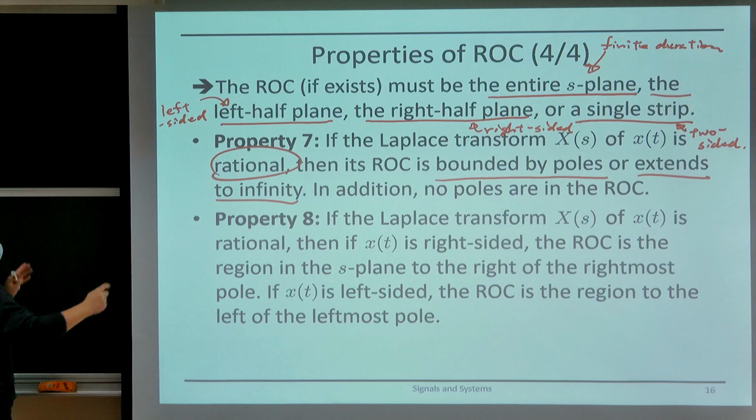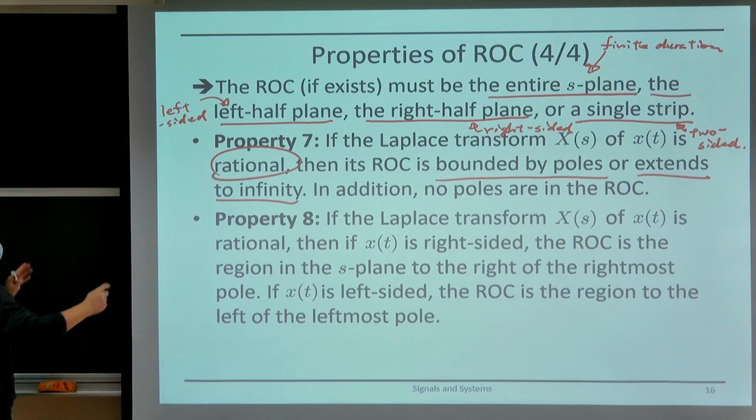All right. So if the Laplace transform X(s) is rational, and x(t) is right-sided, we know that in general the region of convergence should be the right half plane, okay? But from property 7, we know that if it's only the right half plane, then to the left it should be bounded by a pole.